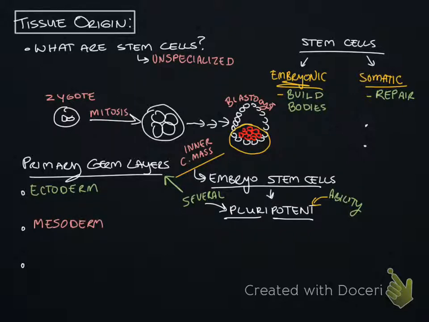And this layer of tissue is going to specialize to become like your skeleton, your muscular system, cardiovascular system, the dermis of your skin, and your excretory system. And then finally, the last layer, the endoderm.